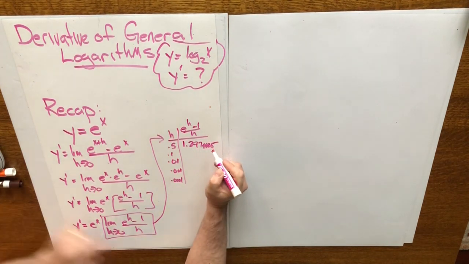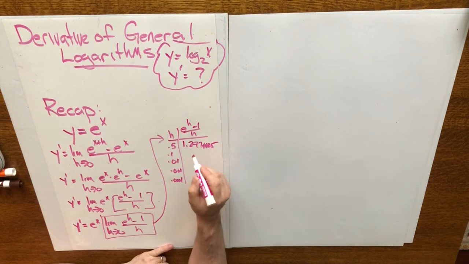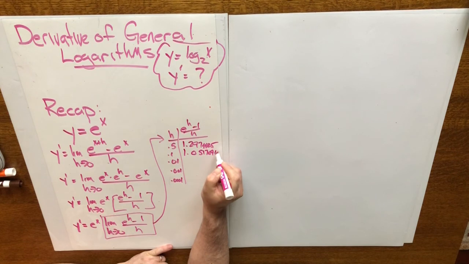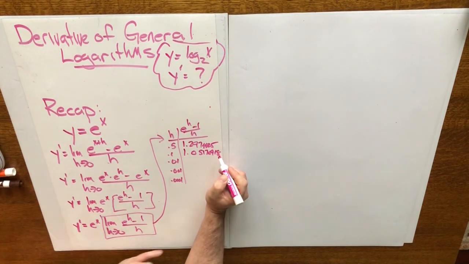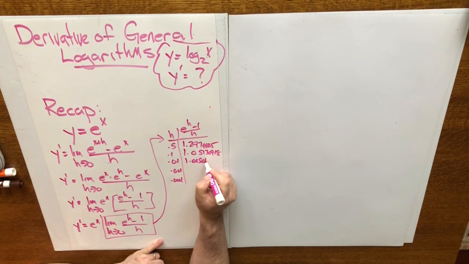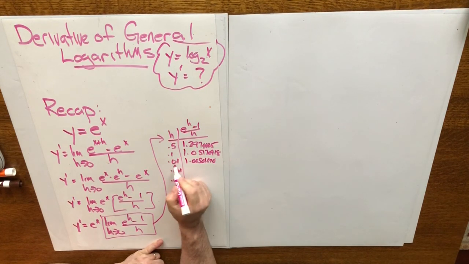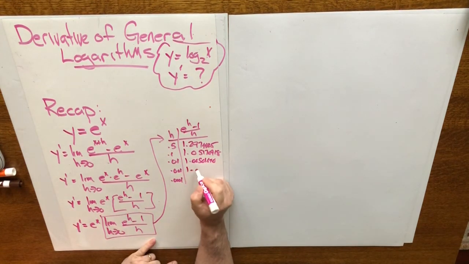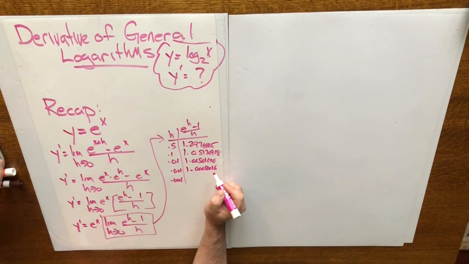And then when h went to 0.1, I had 1.05170918. And then I had 1.0050160 when h was 0.01. And then 1.00050016.